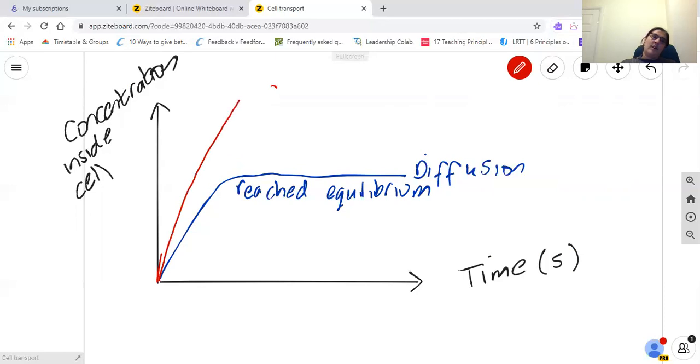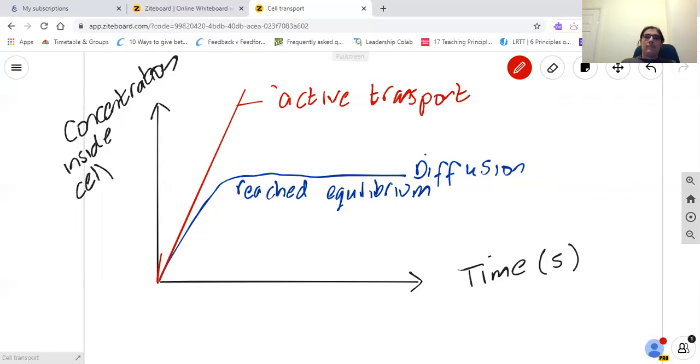Goes a little bit faster potentially than the one just by diffusion. It's because we're doing a bit of diffusion, and it's also doing active transport, so it doesn't reach equilibrium. Okay, that's if it's basically stuck into a solution with a high concentration outside.